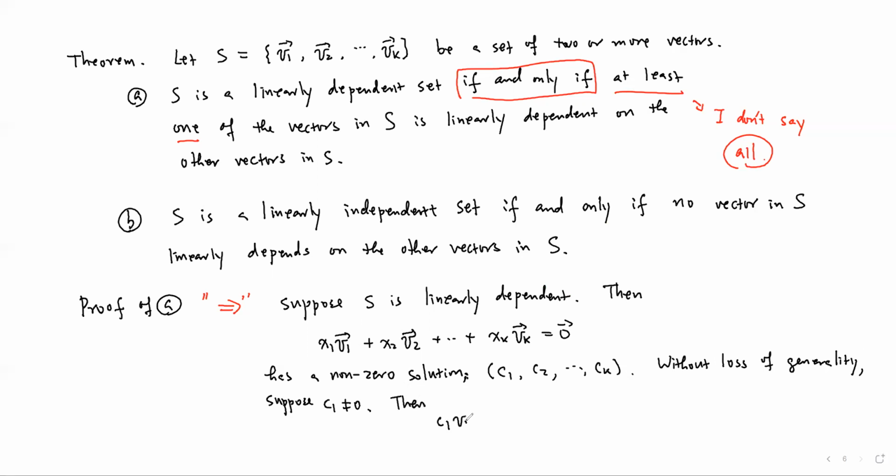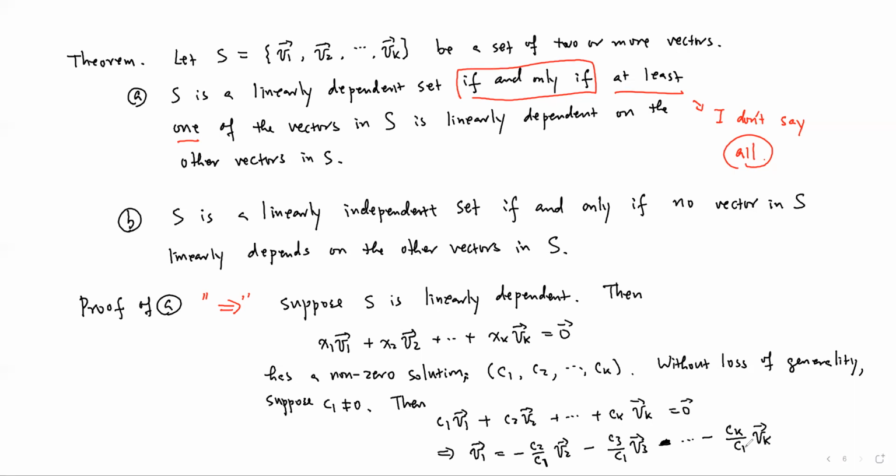Then C1 V1 plus C2 V2 plus up to CK VK is zero. Now I can move V2, V3, up to VK to the right side, then divide the equation by C1. V1 equals negative C2 over C1 times V2, minus C3 over C1 times V3, and so on, minus CK over C1 times VK.